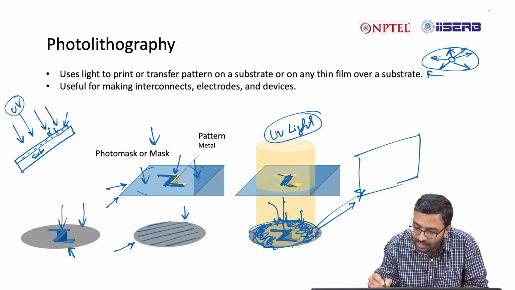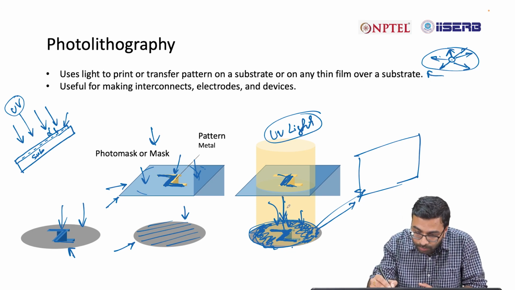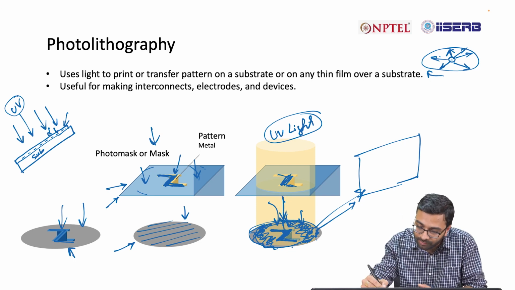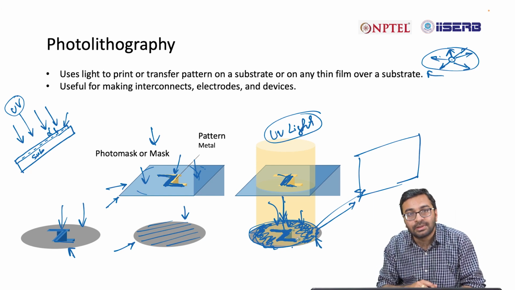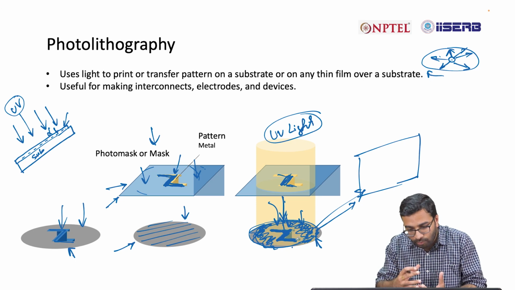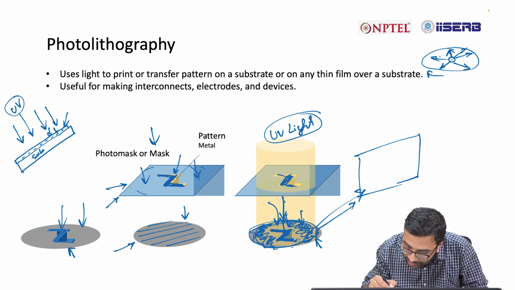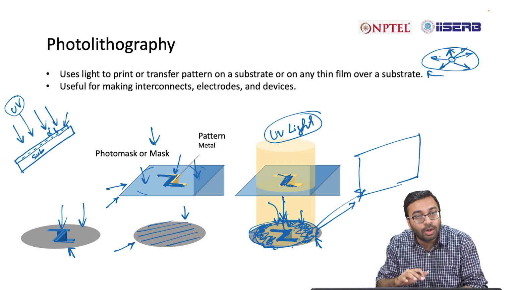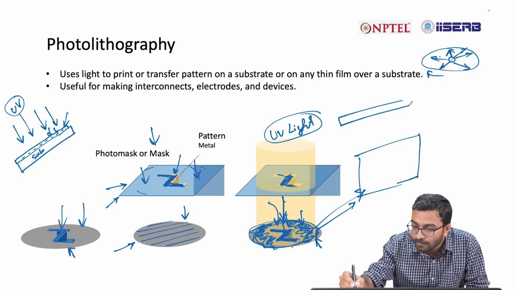In the rest of the area, the metal will get deposited on the polymer film. So, I repeat, when you deposit metal on top of this substrate, if this pattern is washed away, then the metal will directly get deposited on the substrate because there is no polymer on it, and in the rest of the area you will find the polymers are present.